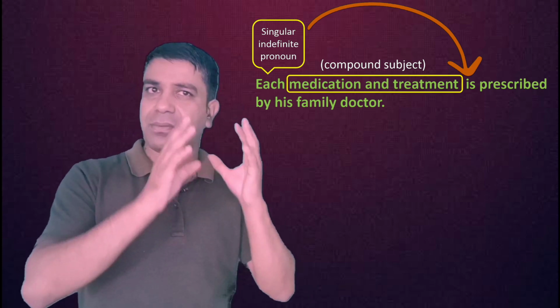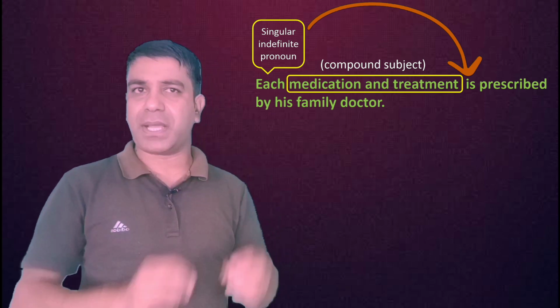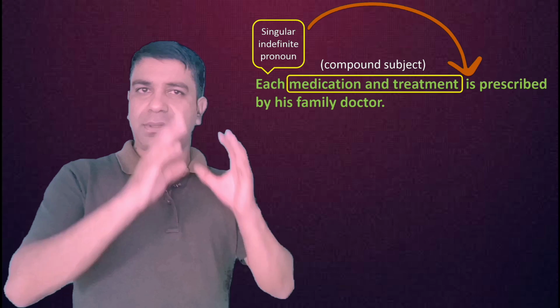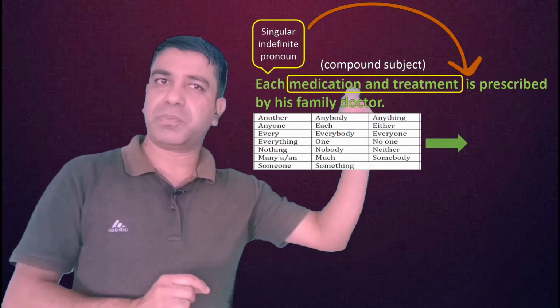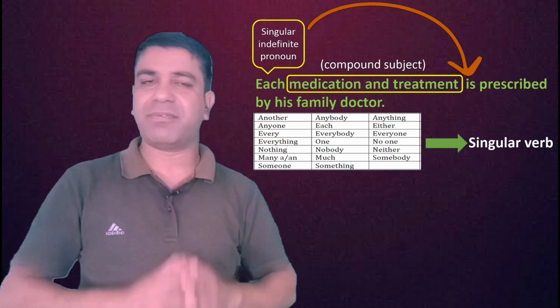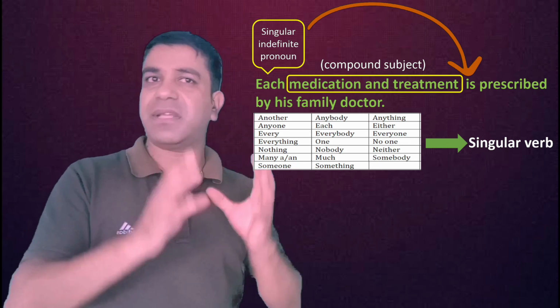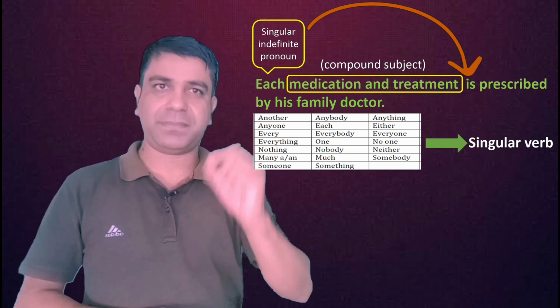That is the reason why each medication and treatment is followed by a singular verb, is. In simple words, a singular indefinite pronoun compels the verb to be singular. So whenever a singular indefinite pronoun is used, it must always be followed by a singular verb.